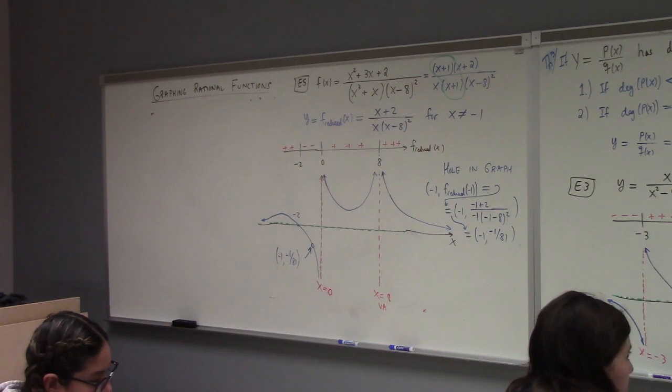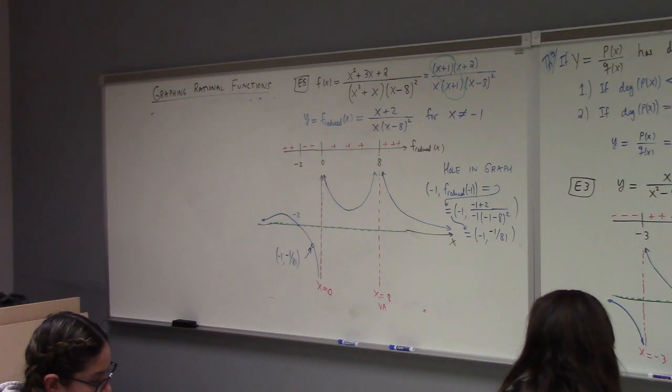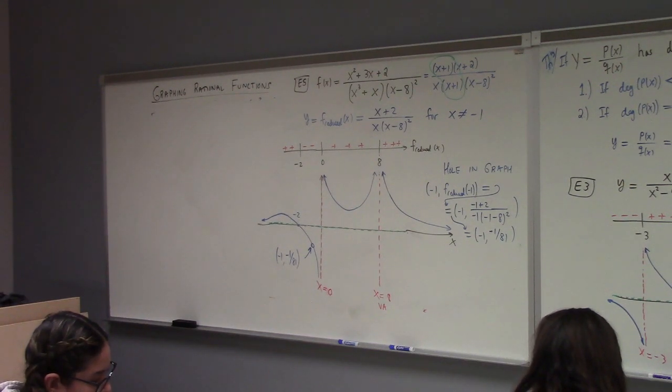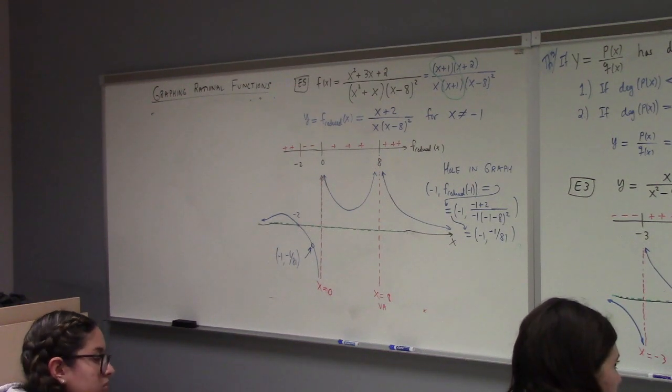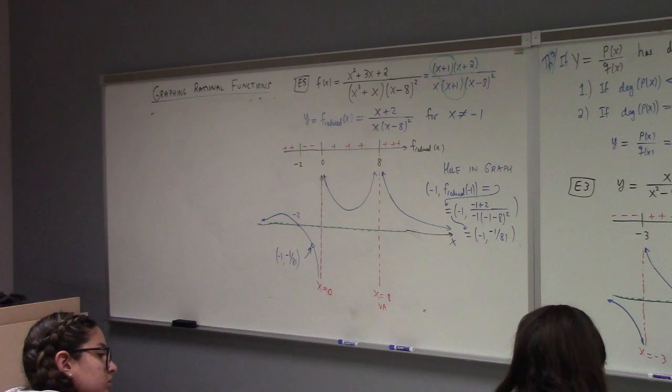I heard the domain of f of x was equal to minus infinity to what? Negative 1, okay. Union what? Negative 1 to 1, union 1 to infinity. So I have to delete both 1 and minus 1 from the domain. They're both troublemakers. How about the range?